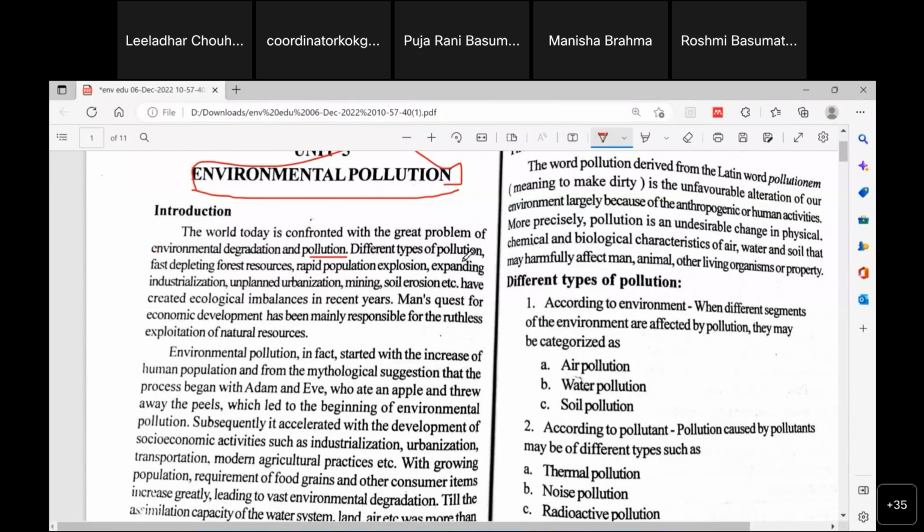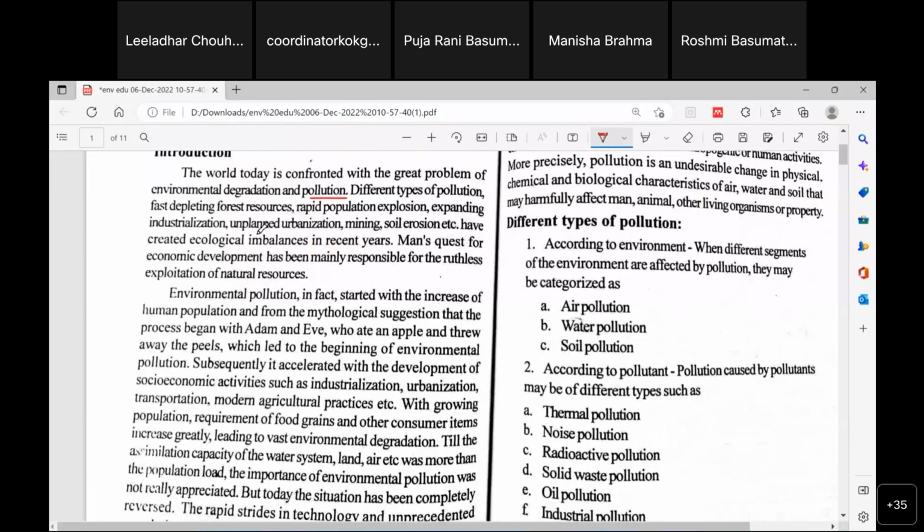There are different kinds of pollution that have come into the picture, like depletion of forest. Depletion means reduction in forest resources. Population explosion, expanding industries, industrialization, unplanned urbanization, mining, soil erosion, etc., have created ecological imbalances.